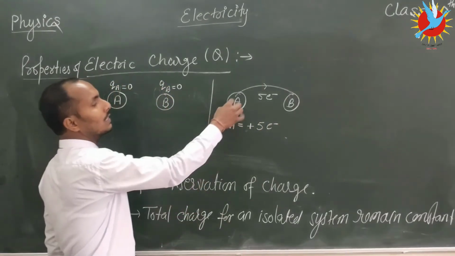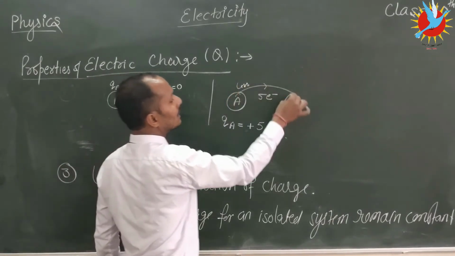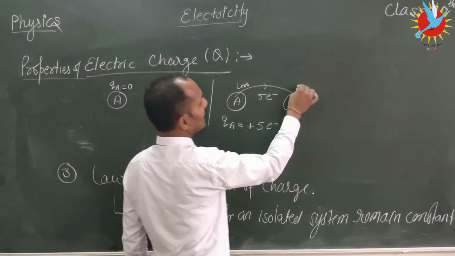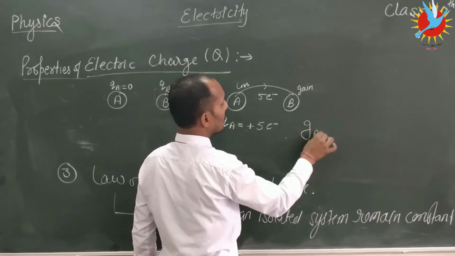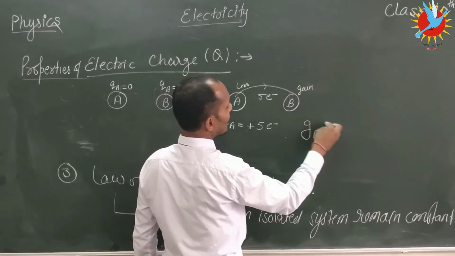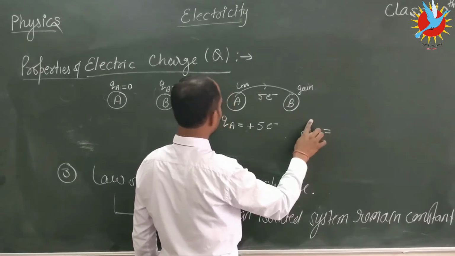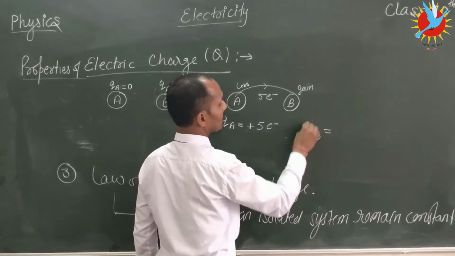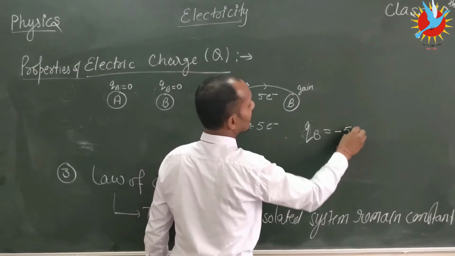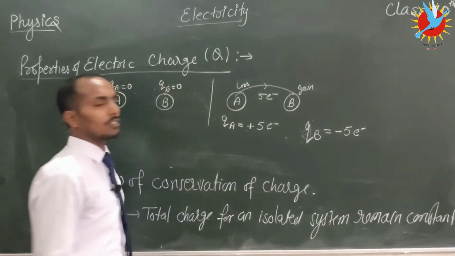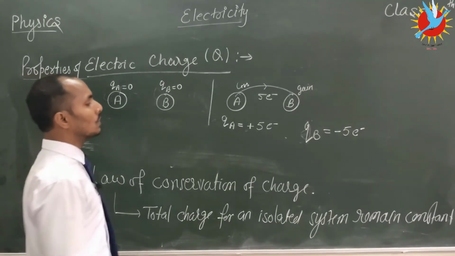And object B gains electrons, so the charge on B is minus 5.